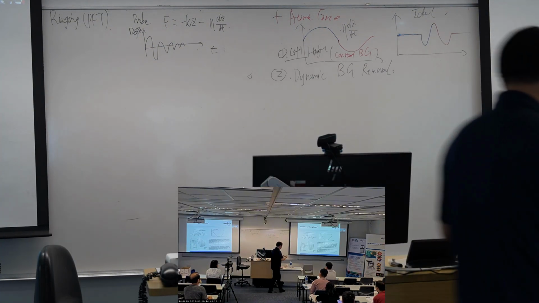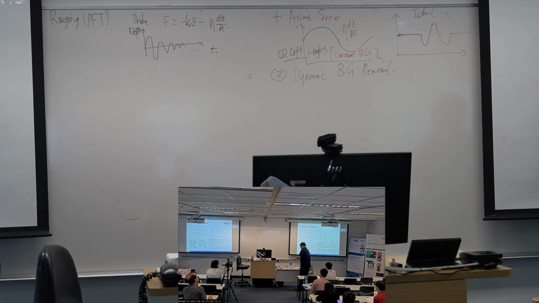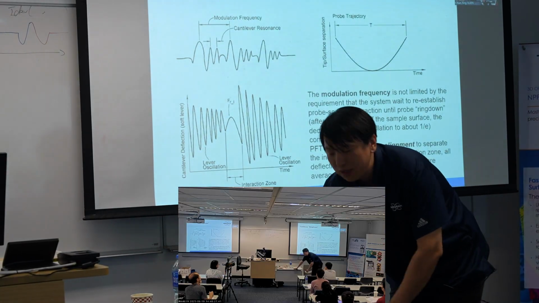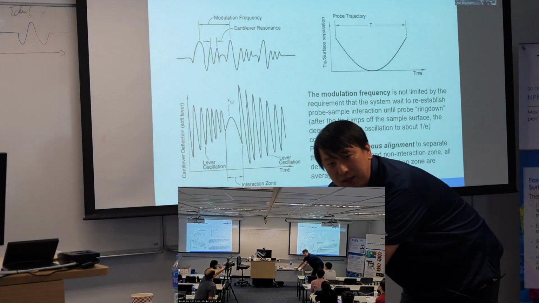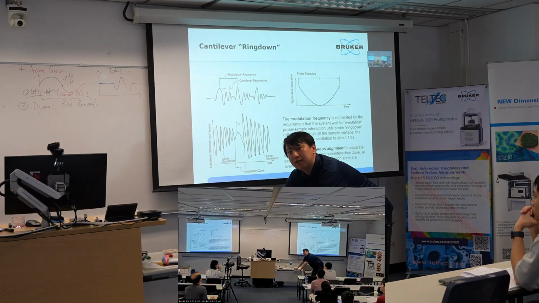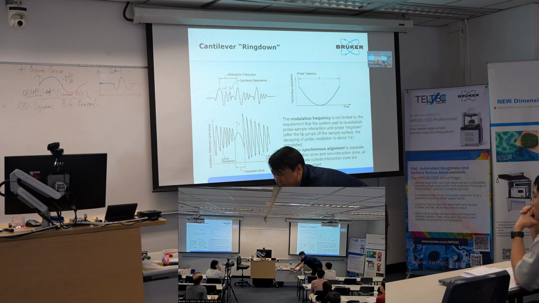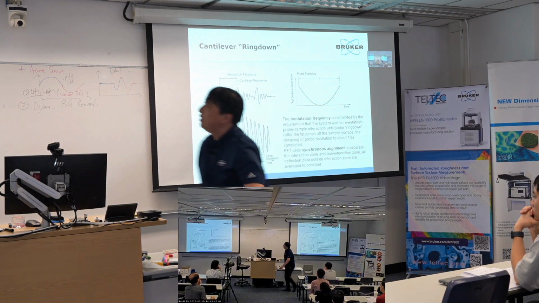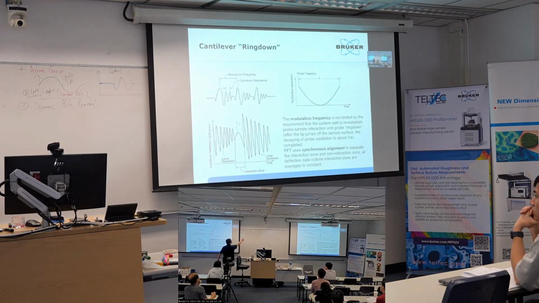So if we think this is a cantilever, and once you bend it significantly, you release, you can say it's vibrating, right? And this vibration will follow this kind of equation.